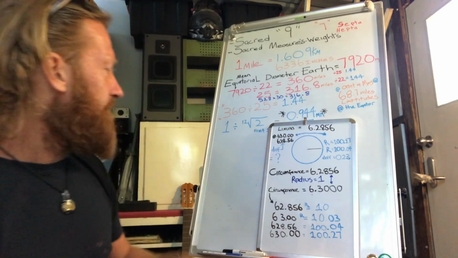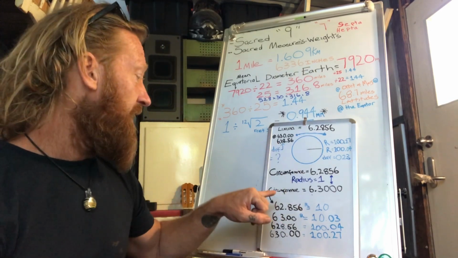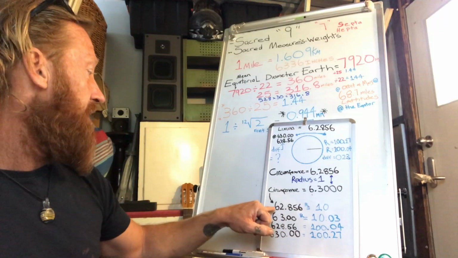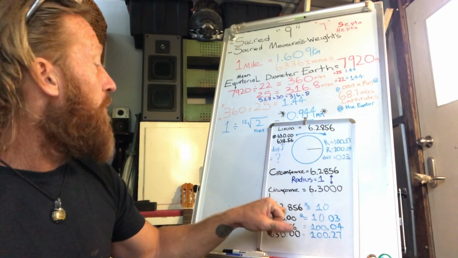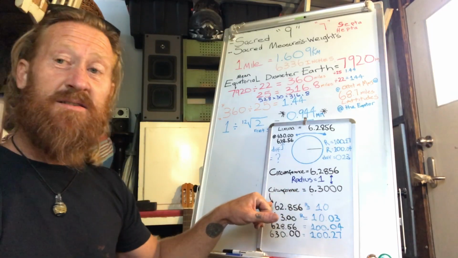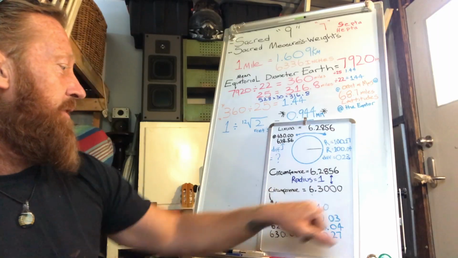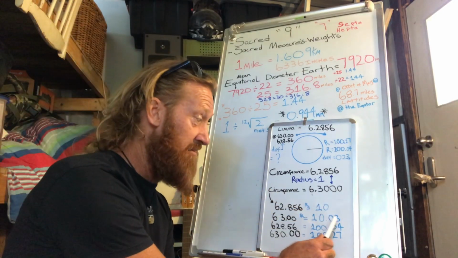Now we're going to scale up from 1 to 10. Now we get to 10, we just moved the decimal place, instead of 6.2 it's now 62.856. And the radius is 10. But the 63 now, instead of 6.3, the radius has actually grown a little bit, by 0.03.